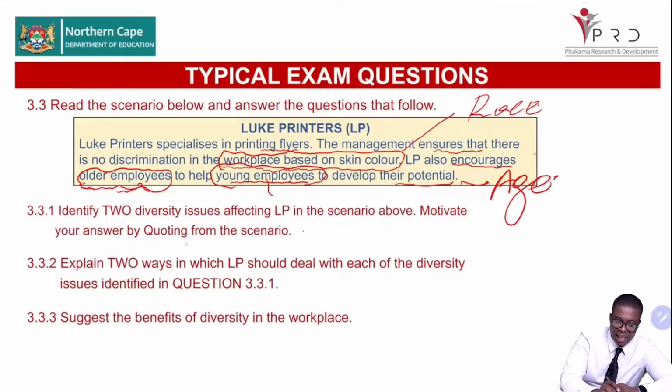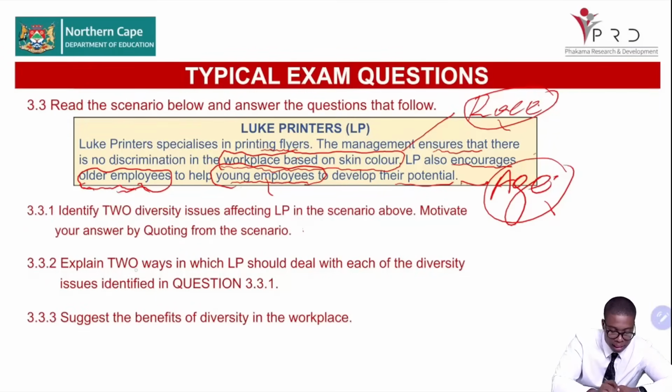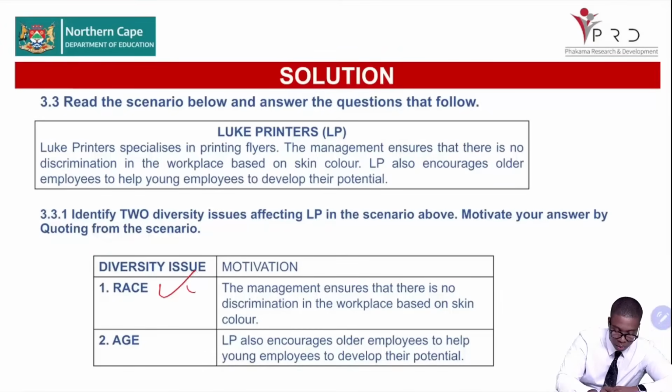We say identify, then we have identified, and we need to motivate the right way by quoting from the scenario, because the scenario helped us to identify race and age. Then explain two ways in which the business could deal with each. So the issues are race and age. 1 mark here, 1 mark here, because of those motivations. 2 and 4 and 2, then a total of 6.